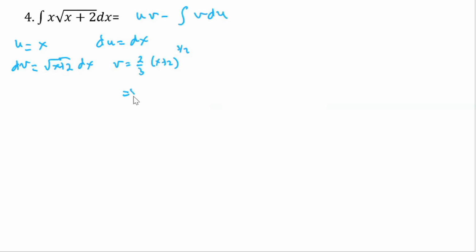By substitution now, our u times v is 2/3 of x times x plus 2 to the power of 3/2 minus the integral of v du. We have 2/3 of x plus 2 to the power of 3/2 times dx, the value of du.